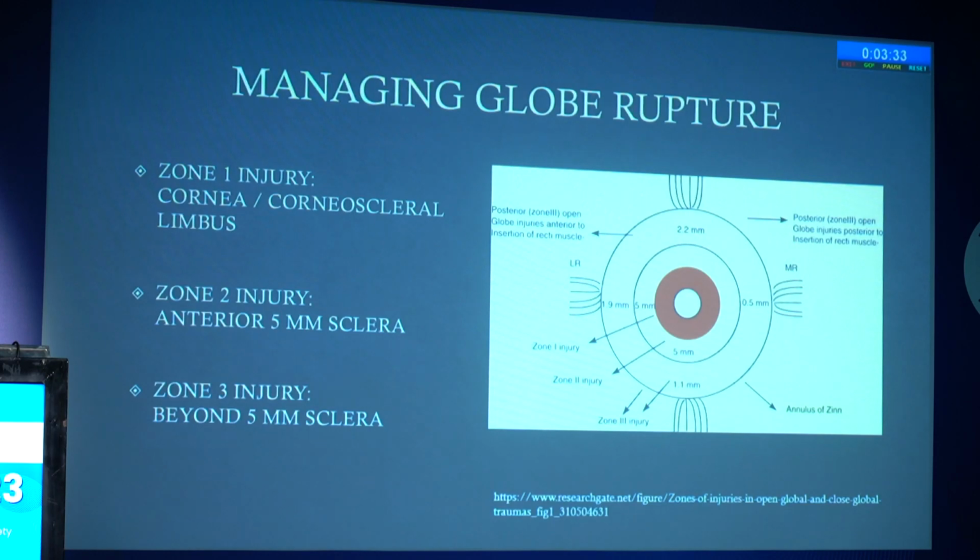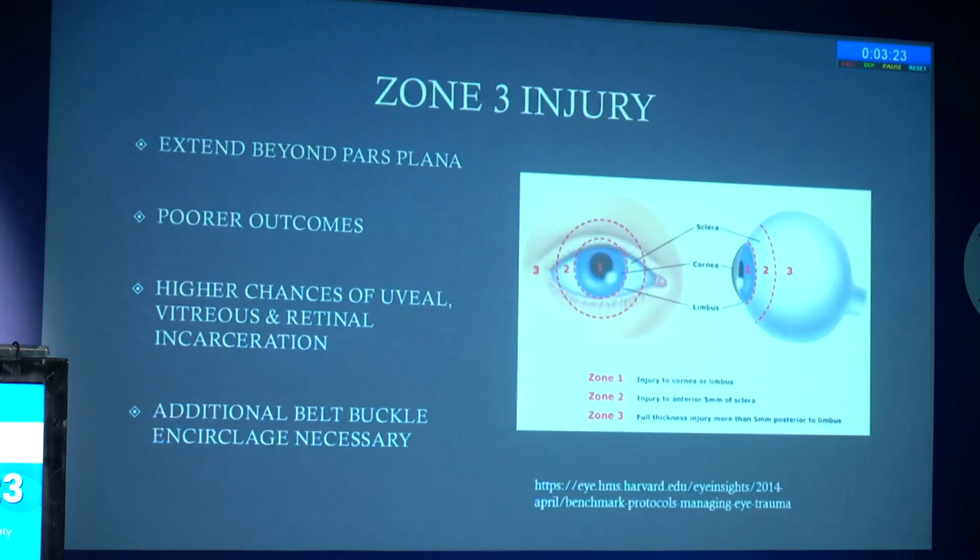Why have they divided into zone 2 and zone 3 is because beyond 5mm the pars plana ends there, and so beyond that the retina directly gets involved, and that is why the management also changes. So beyond zone 3 injury, the outcomes are poorer and there are higher chances of uveal, vitreous, and retinal incarceration. So an additional encirclage may be necessary in such cases.